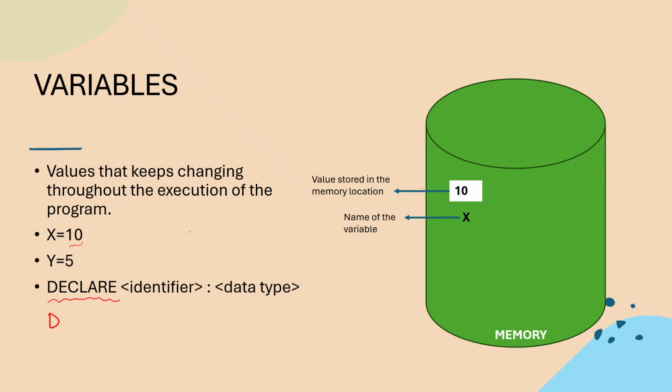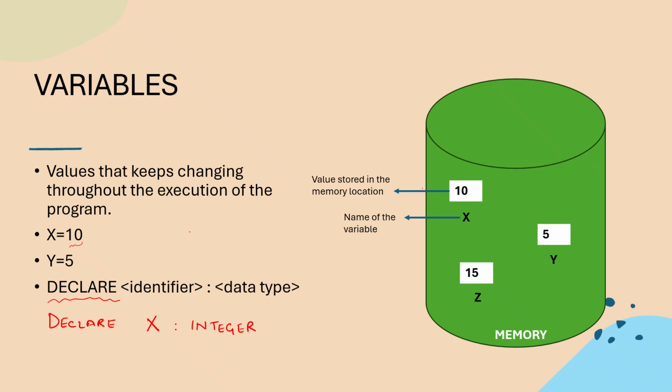So you will use here the keyword DECLARE, which will remain constant. The name identifier that is given to this variable is x, followed by a colon, which is also constant, and the data type. Since this is numeric, I prefer using it as an integer. So this is the context that you follow.